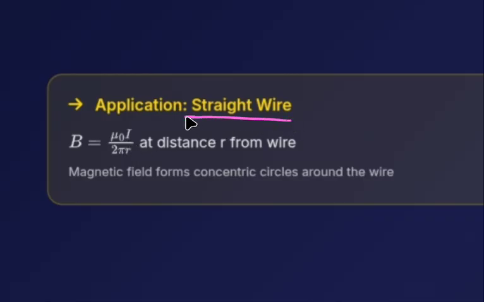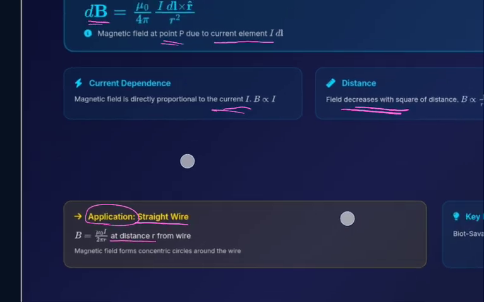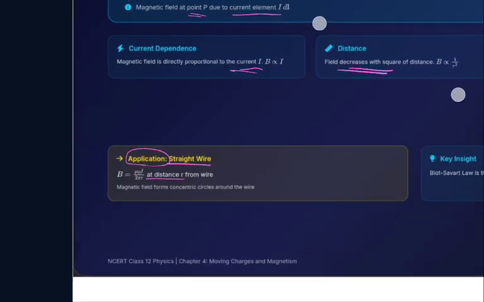For a straight wire, we are doing an application of the Biot-Savart law. For a straight wire, B is equal to mu naught I by 2 pi r at a distance r from the wire. The magnetic field forms concentric circles around the wire of radius r.